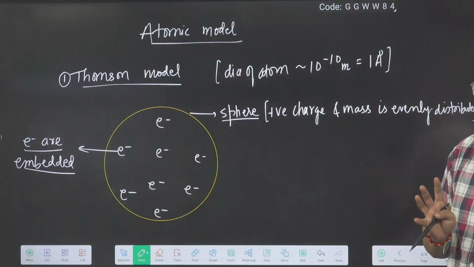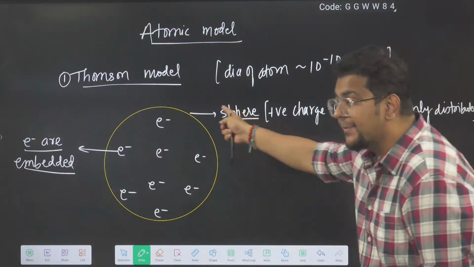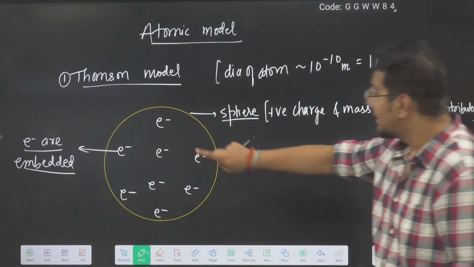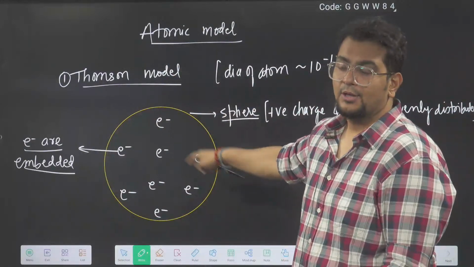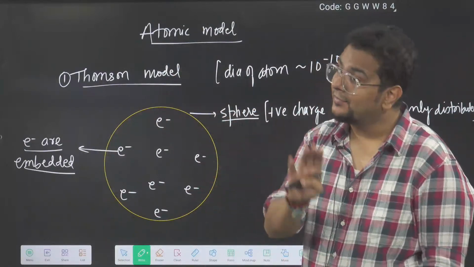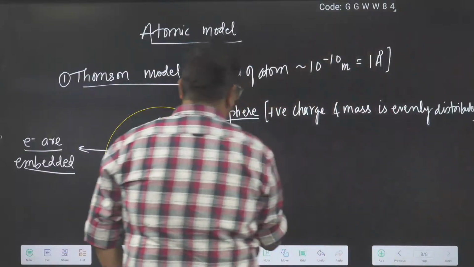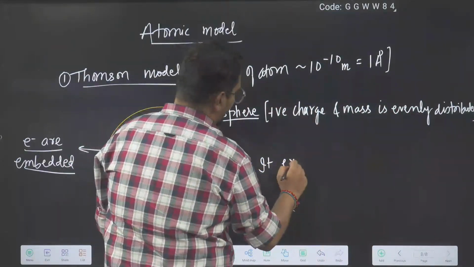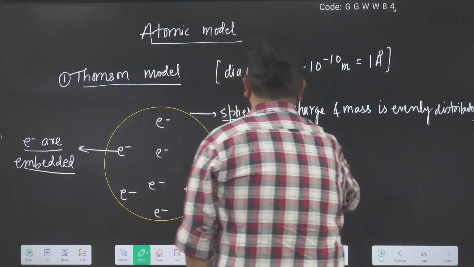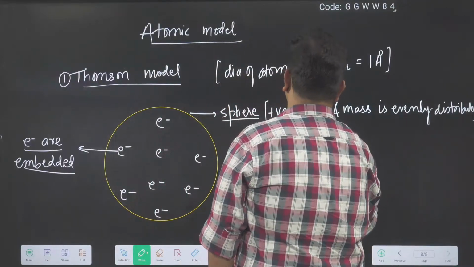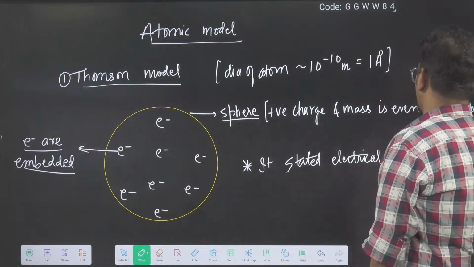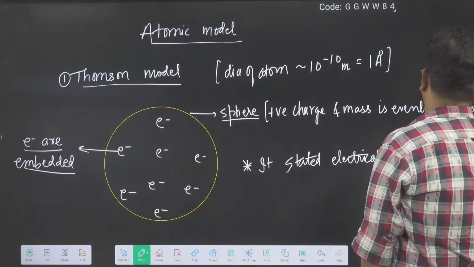Clear? Electrons are embedded in this sphere. They are scattered, so charge and mass are evenly distributed. What are the good points of the Thomson model? It stated the electrical neutrality of the atom.